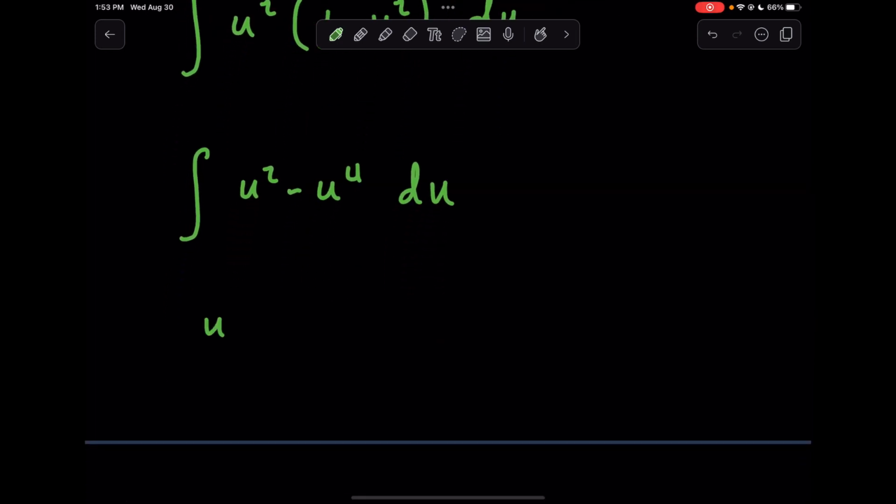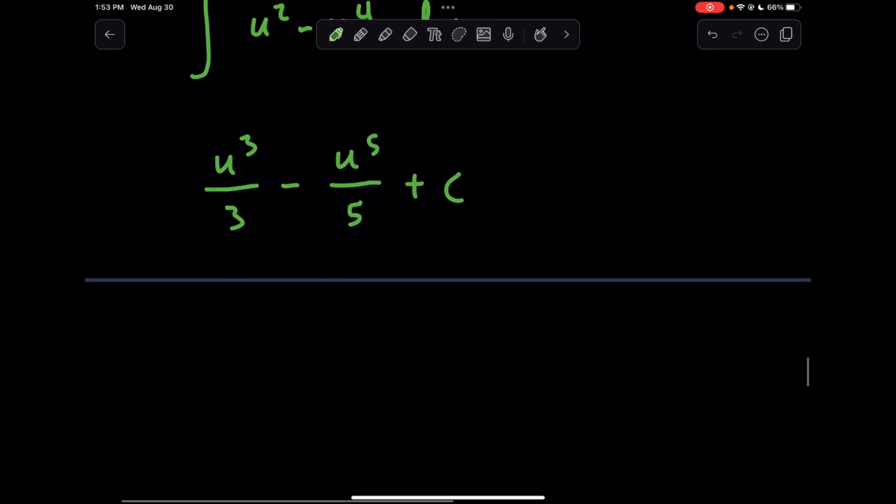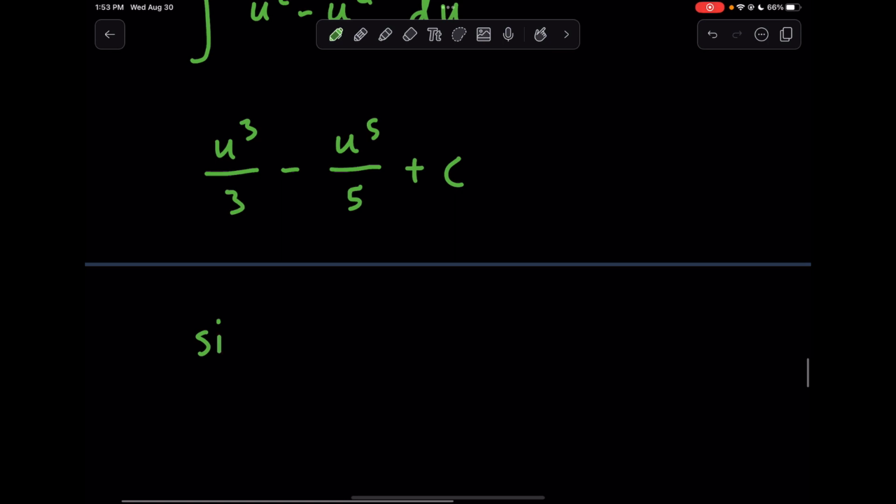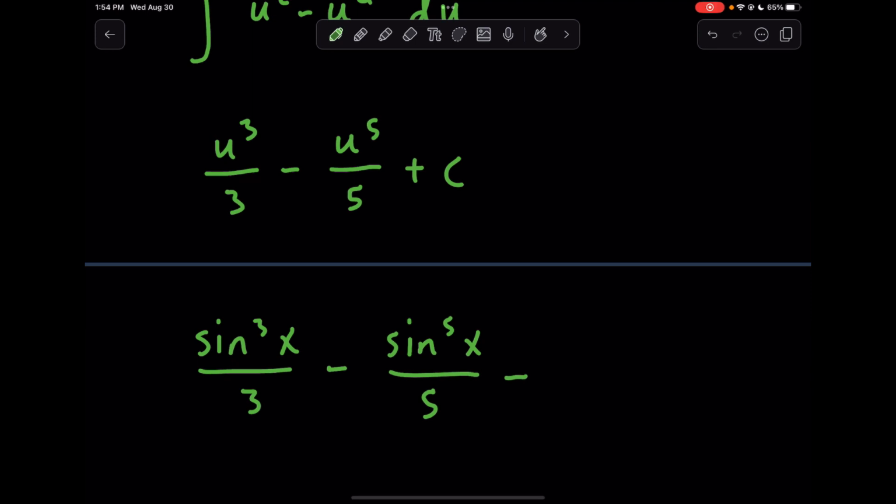That's u cubed over 3 minus u to the 5th over 5 plus c. And since u was sine, we'll rewrite this as sine cubed of x over 3 minus sine to the 5th of x over 5 plus c.